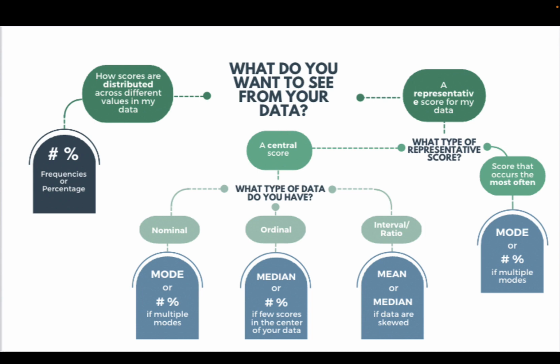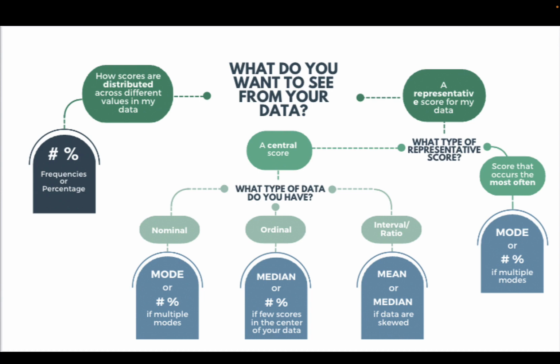If the representative score that you want to present is a central score, you must first determine what type of variable you have. If you have a nominal variable, a central score cannot be presented. Remember, a nominal variable is only a category and doesn't have a meaningful order.